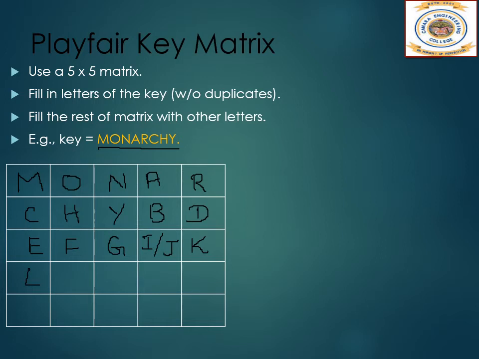N is there, O is there. P, Q. R is already there. S, T, U, V, W, X. Y is already there. So I write Z. Now this is how the 5 cross 5 matrix is done.